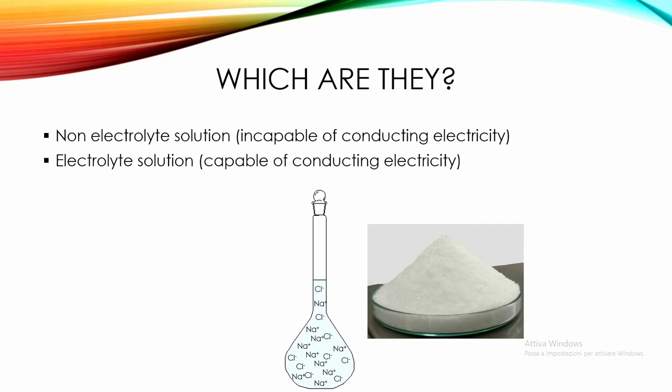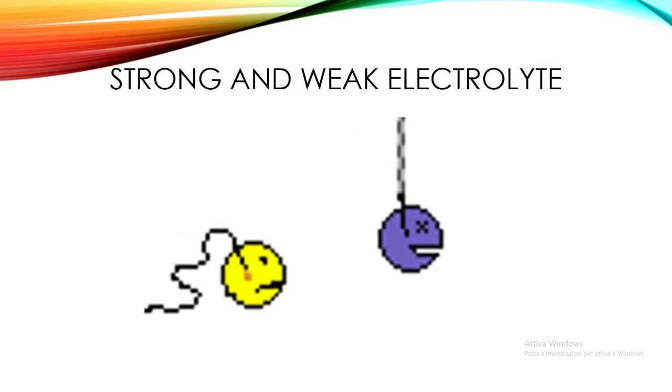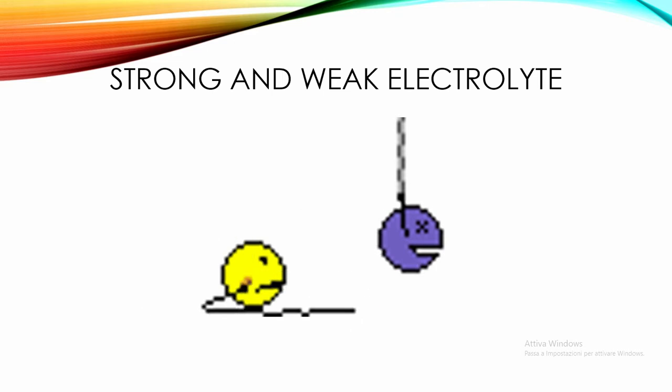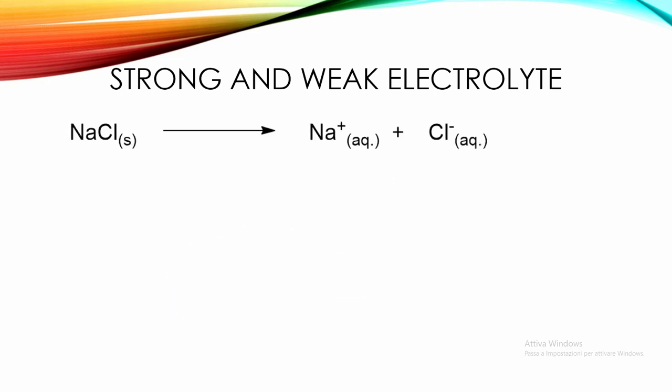So let's see how electrolyte solution can also be divided. We can have strong and weak electrolytes. Okay, so some electrolytes are behaving in a strong way and some in a weak way, but not as in this picture. Let's see the true sense of that.